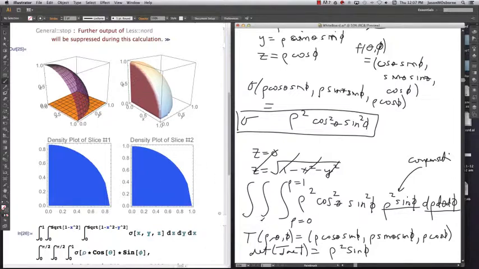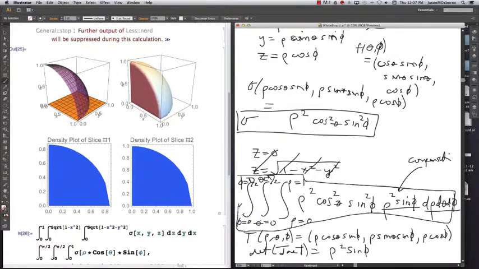And then theta will go from 0 to pi over 2. And phi will go from 0 also to pi over 2. Okay.